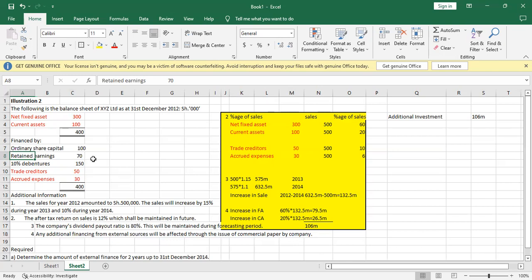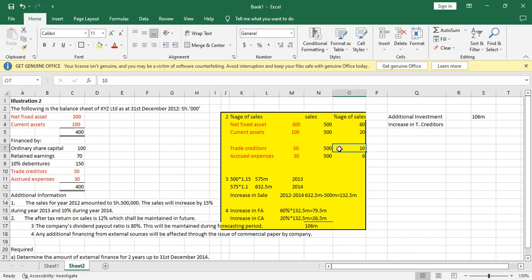So I'll start with looking at the increase in trade creditors. So there was an increase, so I'm going to less that figure. Less the increase in trade creditors. The good thing is we had accounted for everything. So our increase was 10%, right?